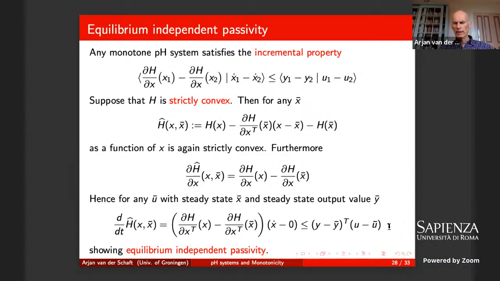And this holds for any steady state x bar. So this is what is called equilibrium independent passivity. So for any steady state, we get passivity. So incrementally Port-Hamiltonian systems are equilibrium independent passive.